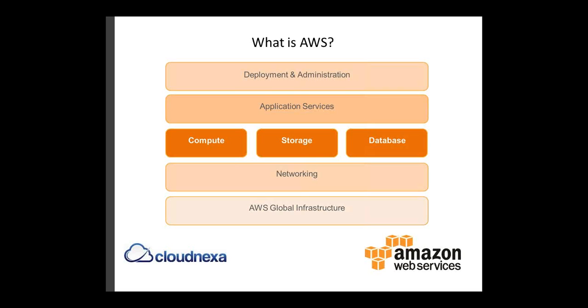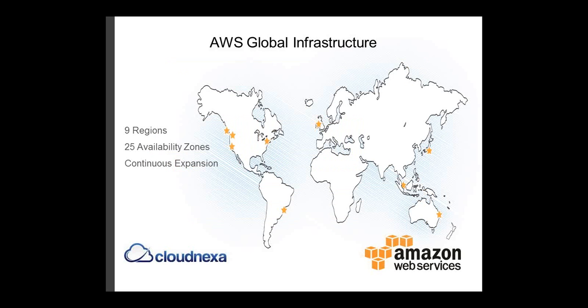On top of that, we have a number of application services and deployment administration tools that make it easy to automate, provision, and then maintain those applications once they're live. And sitting on top of all of that is our global infrastructure that consists of 9 regions around the world. Within each of those regions, we have, in total, 25 availability zones.